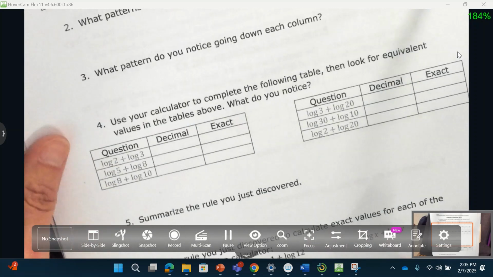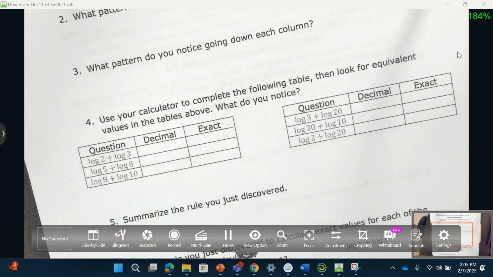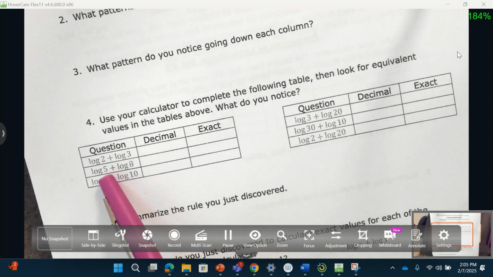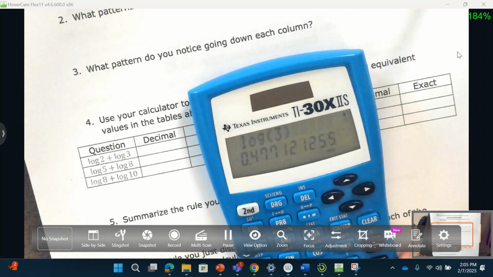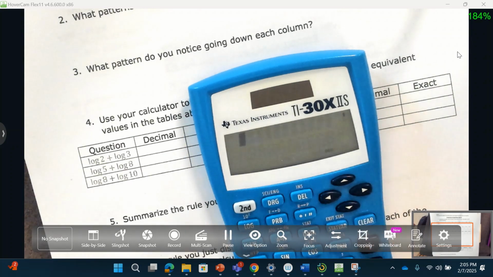Now, when you get to the different parts here, this is where I did an example in class. So you're going to have log 2 plus log 3. Now, right off the bat, you might think, oh, that's going to be log 5. But the point of this activity is to discover what that is. So in your calculator, you will do log 2 plus log 3.